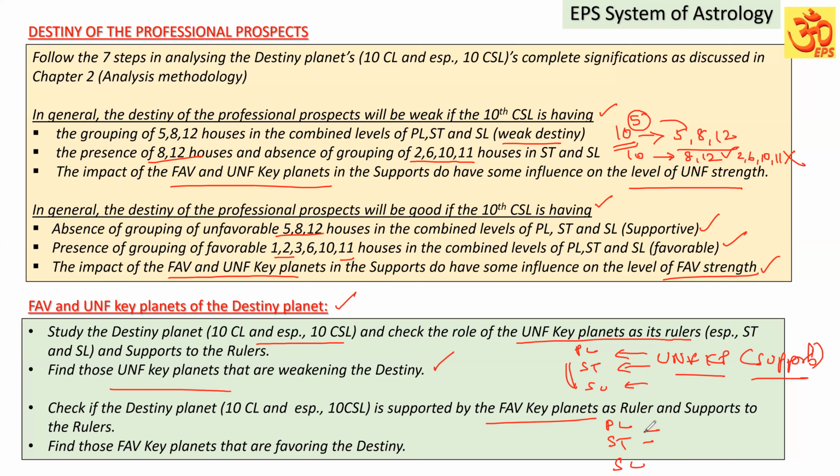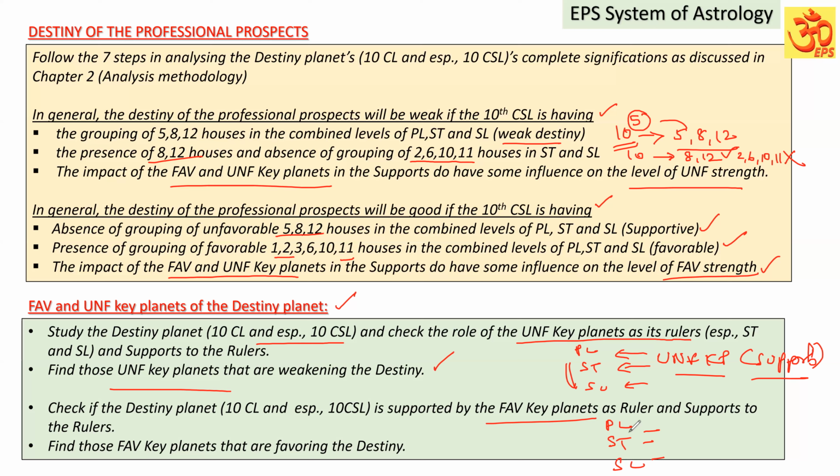But for easy understanding, I'm talking about only the primary rulers. The 10th cuspal sublord planet is further supported by its ruler star level and sublevel planet, which are the planets favoring the 10th cuspal sublord. So that is called the favorable key planets of the destiny.